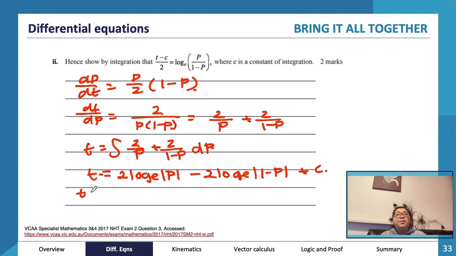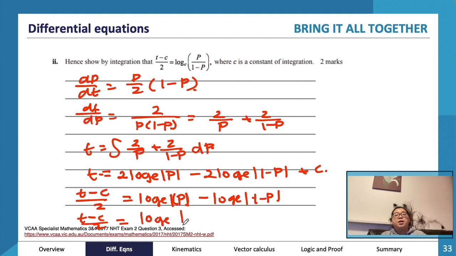So we can go t minus c over 2 to divide that out is going to be equal to log e p minus log e 1 minus p, which means that t minus c over 2 is going to be equivalent to log e p over 1 minus p.